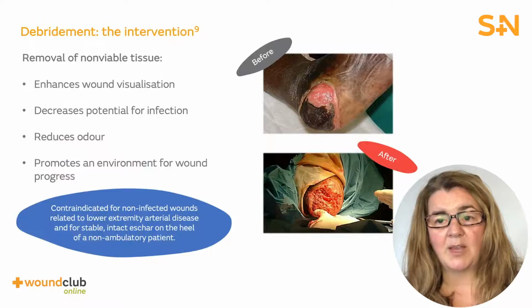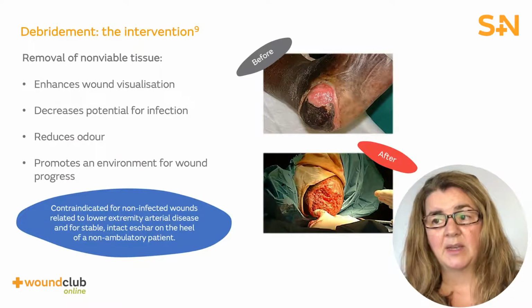A wound with non-viable necrotic tissue will remain in the inflammatory phase of healing. Debridement, the removal of non-viable tissue, is the intervention which plays an important role in wound bed preparation and progress. In addition to improving wound visualisation, debridement removes bacteria, reducing the risk of infection and reducing wound odour.